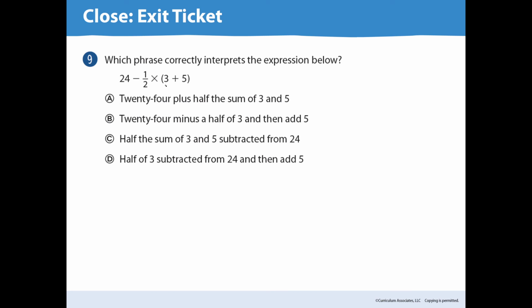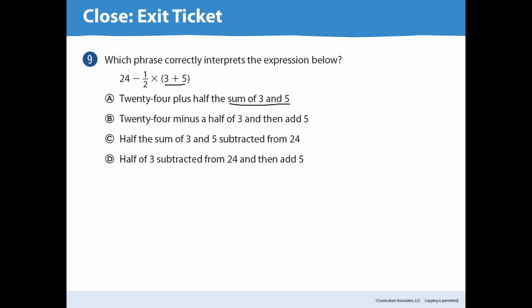First, we have 3 plus 5, which is in parentheses. So we're going to be looking at an expression, a phrase, that tells us that we're going to add 3 and 5 together. So letter A, I see we have the sum of 3 and 5. So that one would make sense. Letter B, we do half of 3 and then add 5.